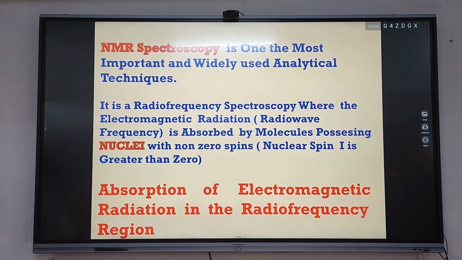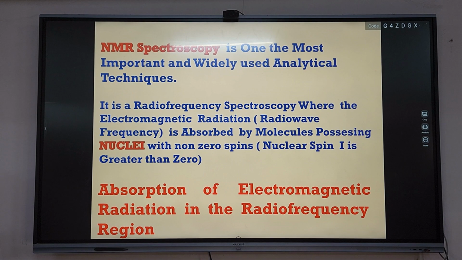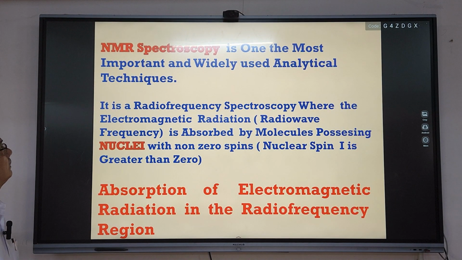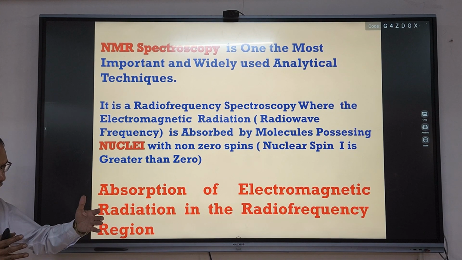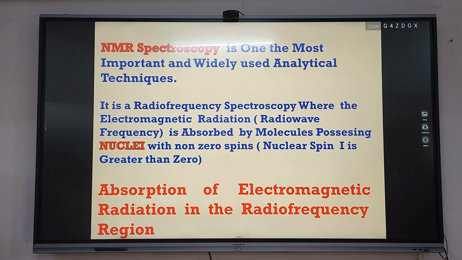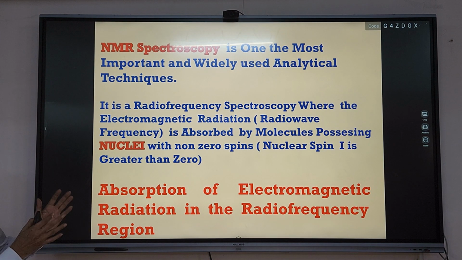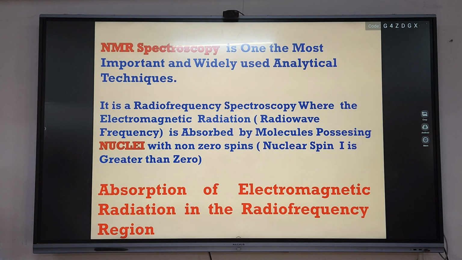So many biological reactions and biological applications can be studied with the help of NMR spectroscopy. And if you ask me what the actual definition of NMR is, I must say it is a radio frequency spectroscopy where electromagnetic radiation, the radio wave frequency, is absorbed by molecules.